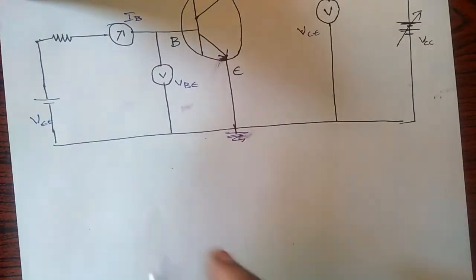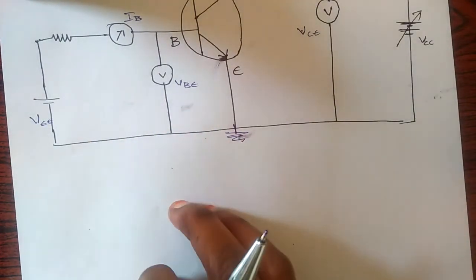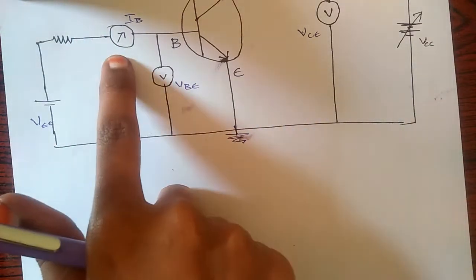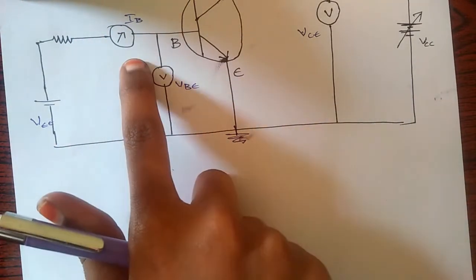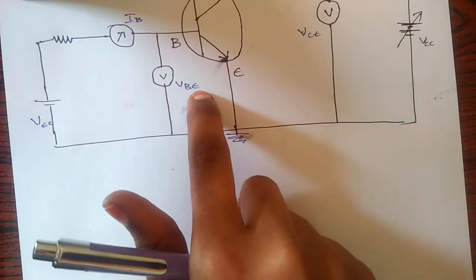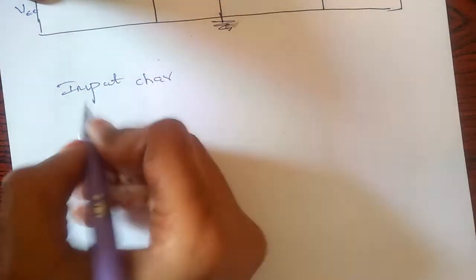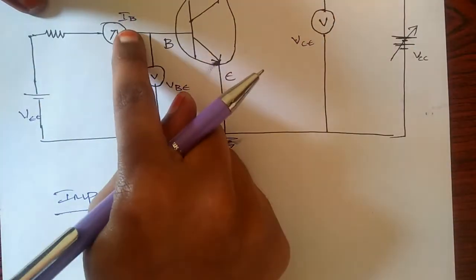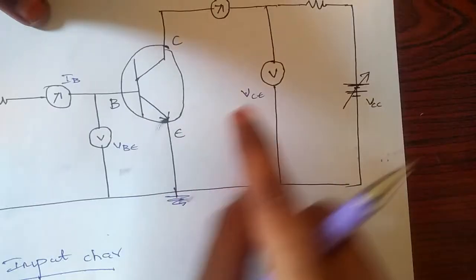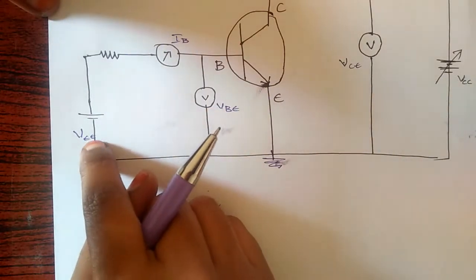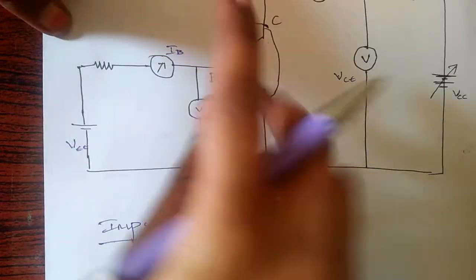So how do we take input characteristics? Input characteristics are taken between the base current IB and the VBE voltage, where VCE is kept constant, by varying VEE in steps of 1, 2, 3 and so on.